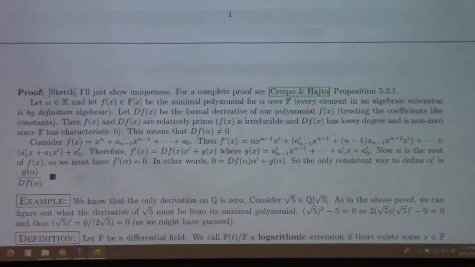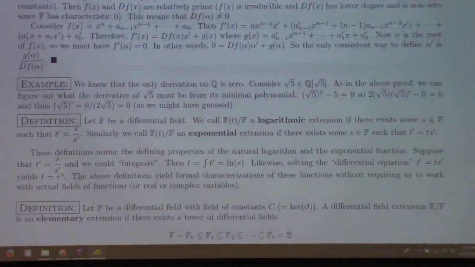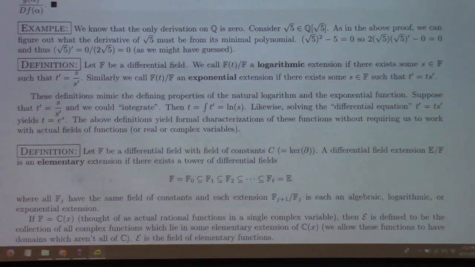Let's look at some examples. The only derivation on Q is 0. Because we've already proved that the derivative is 0 on the prime subfield, and Q is its own prime subfield.